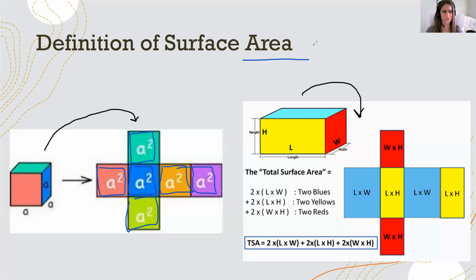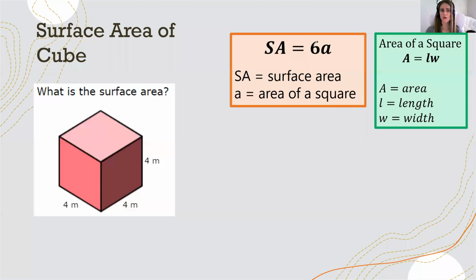All right, enough talk about how it works. Let's get to it and go to the next slide. First up, we have surface area of a cube. Right here in orange, this is our formula for surface area of a cube. SA, which stands for surface area, is equal to 6 times a, and that lowercase a stands for the area of a square, so the area of one of our faces.